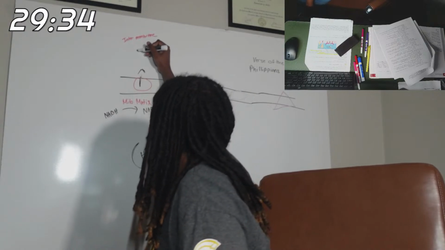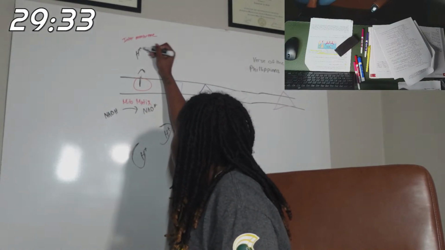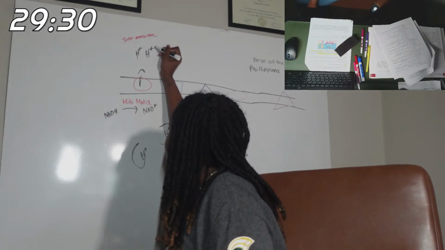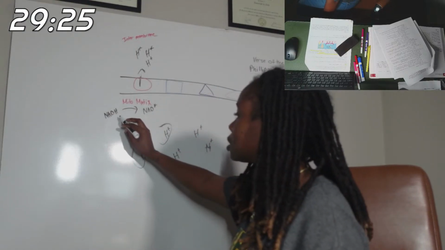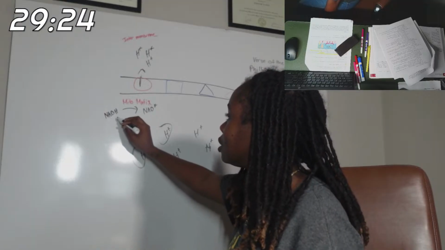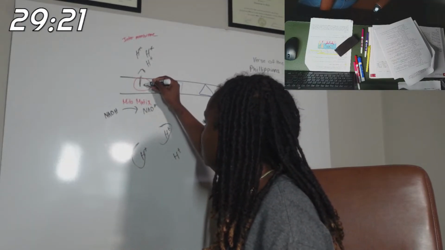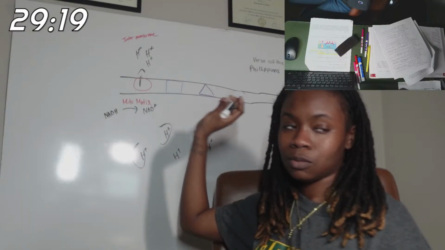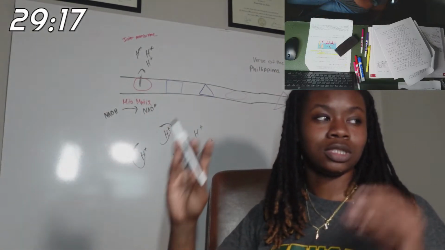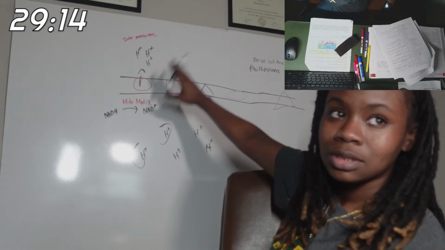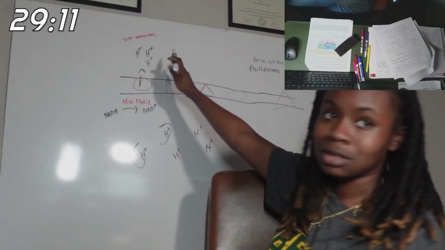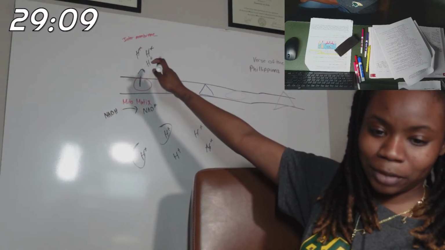So now we have the hydroniums out here. The electron that NADH gave up, it gave to complex 1, which is why complex 1 is supercharged, and it can start pumping out hydroniums out into the intermembrane space.